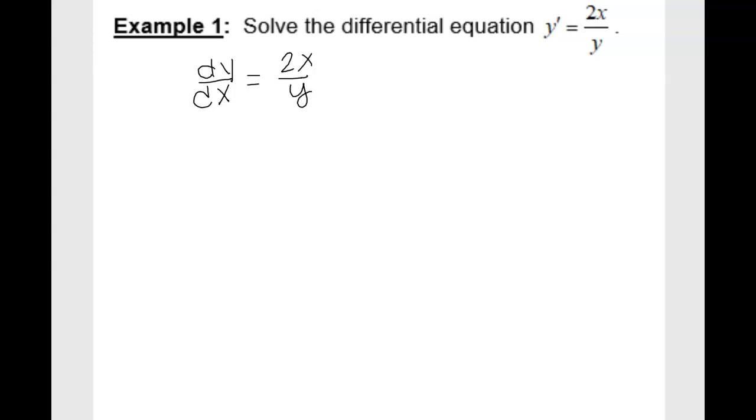Our goal is to get the y's with the y's, the x's with the x's. So I'm going to multiply both sides by y, and I'm going to multiply both sides by dx. So get the y's with the dy's, the x's with the dx's.